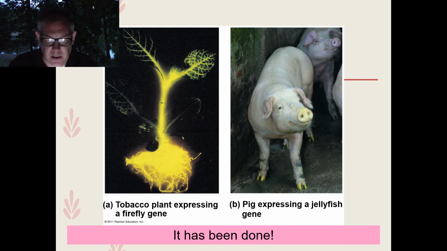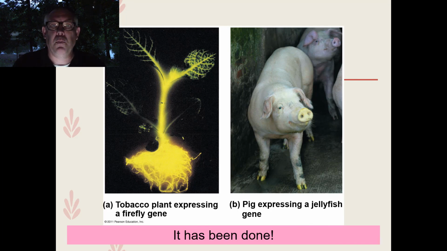Or here you got a pig with a jellyfish gene, another gene that's in jellyfish that makes them luminesce. You take that gene, put it in a pig, and then in certain places that gene will get expressed. If you look at this pig, you can see the whole pig's not glowing, the snout and the hooves are glowing.